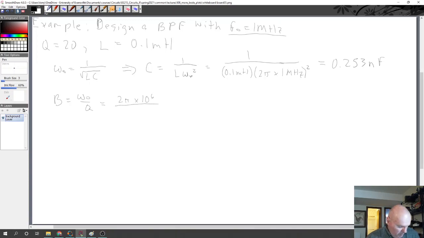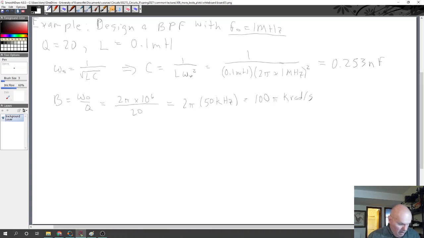It's 2 pi times 10 to the 6, and my Q is 20, so my desired bandwidth in radians per second is actually 2 pi times 50 kilohertz, or 100 pi kiloradians per second.